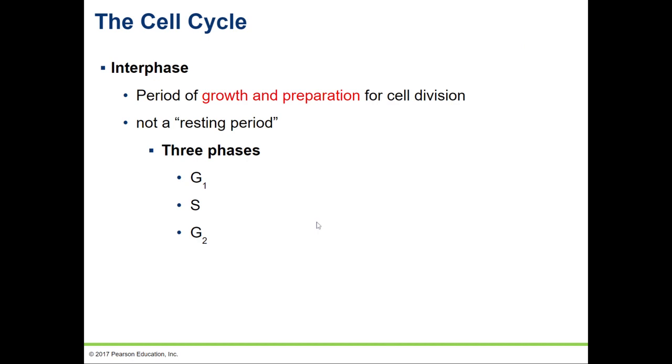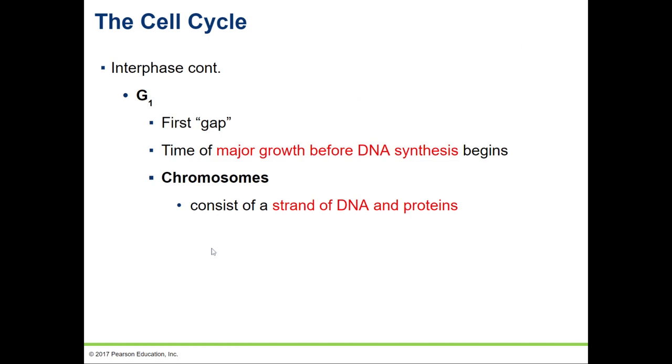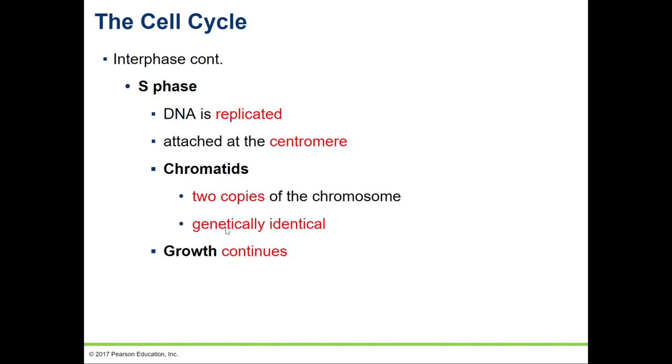So we talked about interphase, which is basically the period for growth and preparation. That's the G1, S, and G2. During G1, we have a period of major growth. During S phase, we're going to duplicate the DNA and have two sister chromatids which are genetically identical.